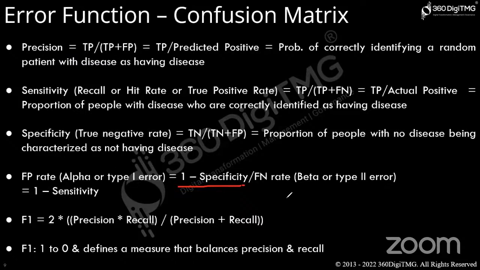Whenever you are working on some analytics for a domain and you don't have knowledge of that particular domain, you don't know which one to consider, whether to go with precision or with recall. If you don't have an idea about that, in that case, you can simply go with the F1 ratio. It will simply balance both precision and recall.